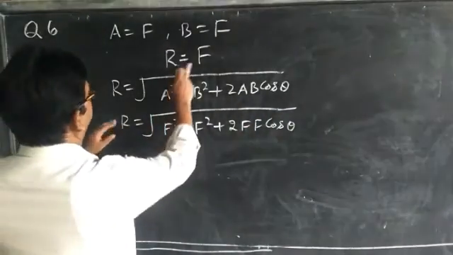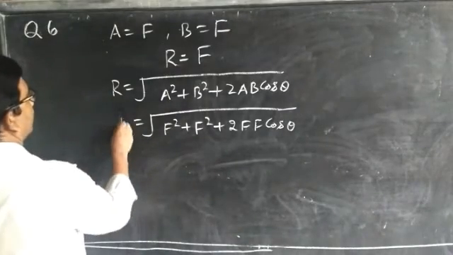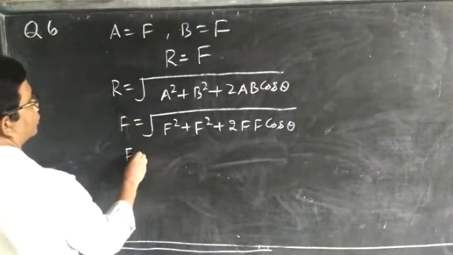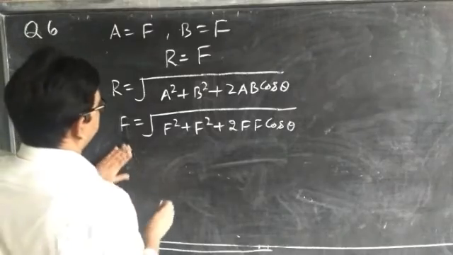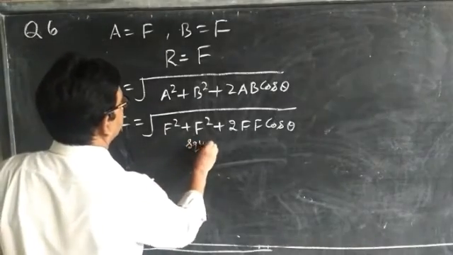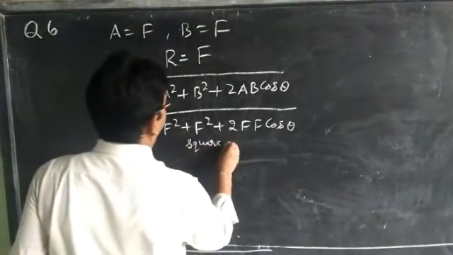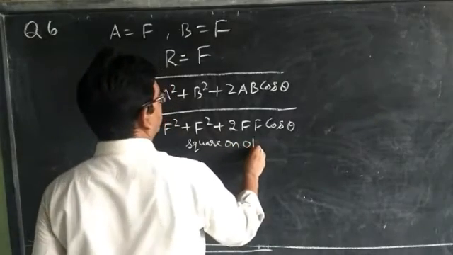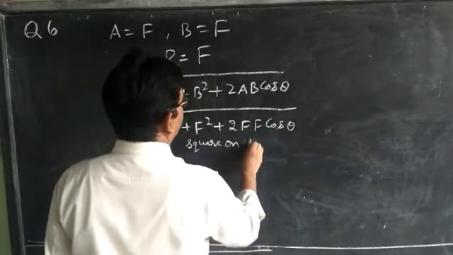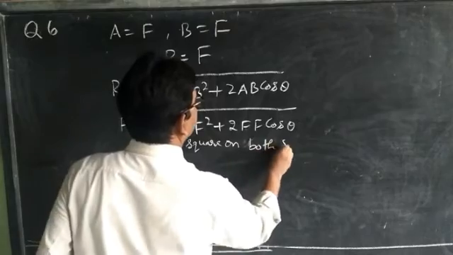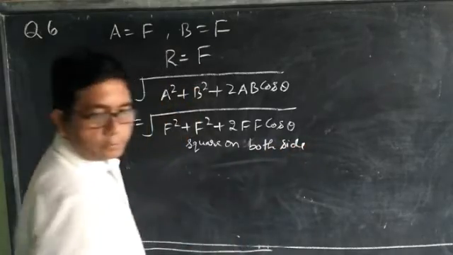Resultant is given as F. Then square on both sides.